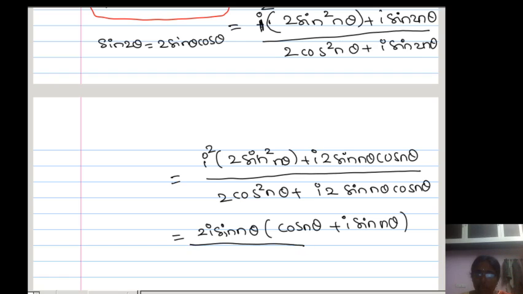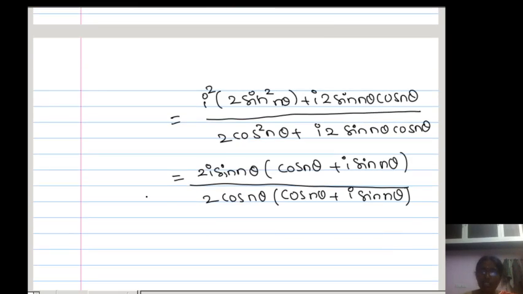Okay, next what about the denominator? 2 cos n theta common, so 1 cos n theta is left, plus, remaining i sin n theta. What happened here now? Cos n theta plus i sin n theta, let me cancel. These two are cancelled.